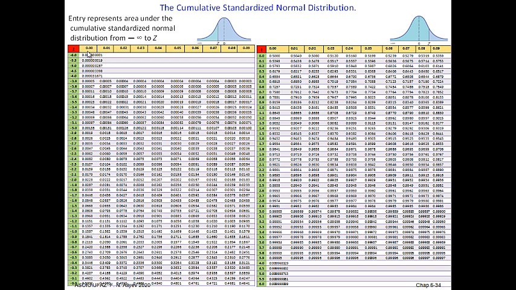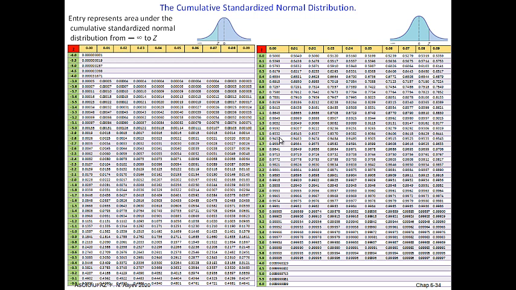For example, if you consider a z value of negative 3.72, you take negative 3.7 from here and 0.02 here and find the intersection. This number represents the probability of z less than negative 3.72.